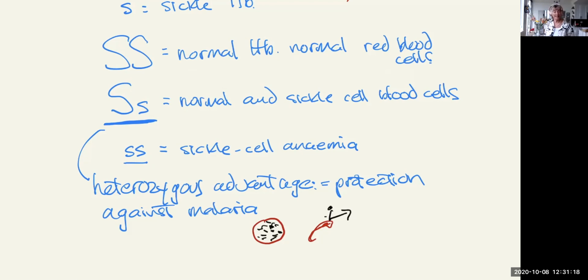So malaria doesn't do well in a heterozygous individual. So these individuals tend to survive malaria, and therefore this recessive gene, which is otherwise deleterious, remains in the population.